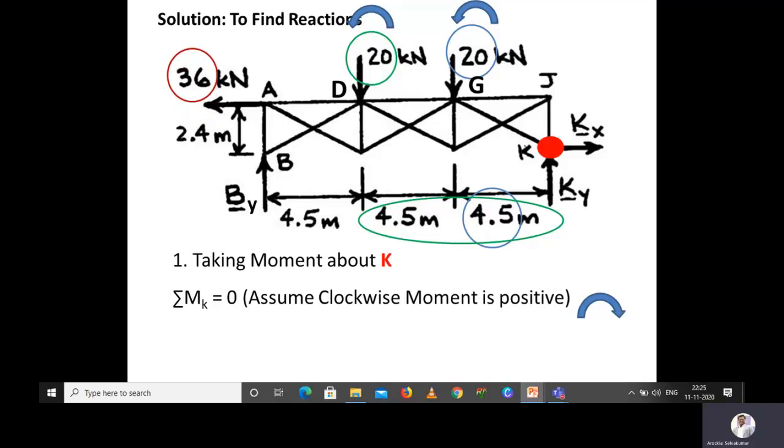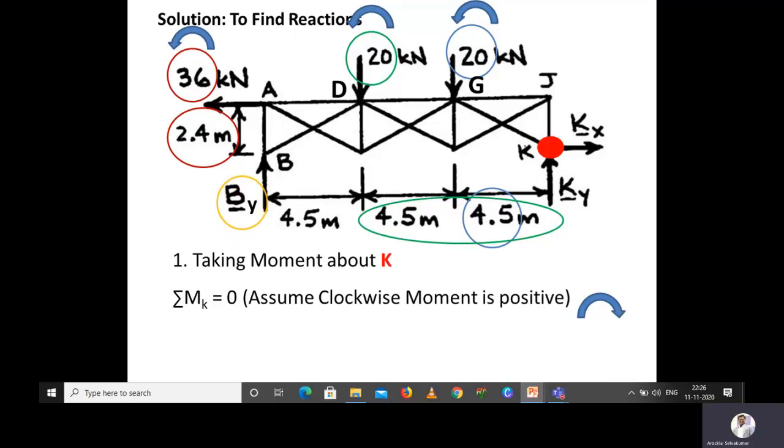The next force is 36 kilonewton. With respect to K, the perpendicular distance of this 36 kilonewton is 2.4 meter. Again, if we fix at point K and apply 36 kilonewton at point A, the truss will rotate in counterclockwise or anti-clockwise. And one more force we have in this truss, that is By.